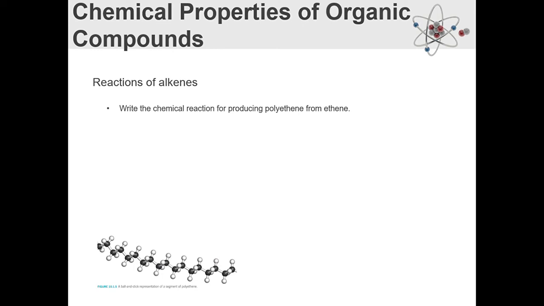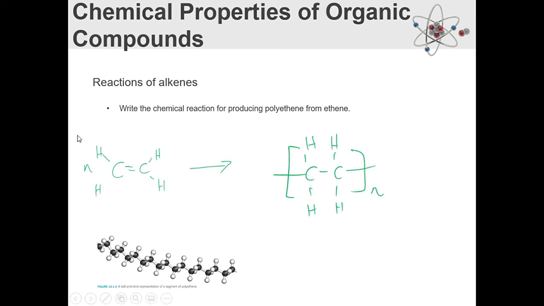Alright, I'm going to keep going. This is what it looks like. So we have ethene, the double bond breaks, and we have a little bond that indicates that it is bonded to something, and then just a bracket and an arbitrary end. This just indicates that we've got a lot of ethene molecules bonded together.